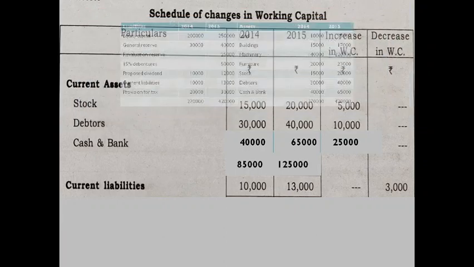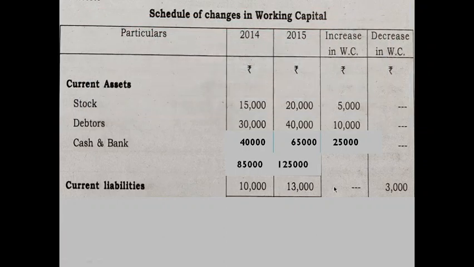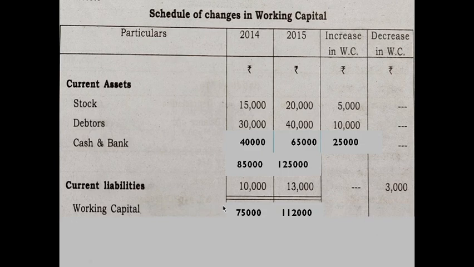Since there are no other amount, let this 10,000 and 13,000 be the total of current liabilities. Next, you need to take the working capital, that is the difference between total of current assets and current liabilities. By taking the difference, you will get 75,000 and 1,12,000.